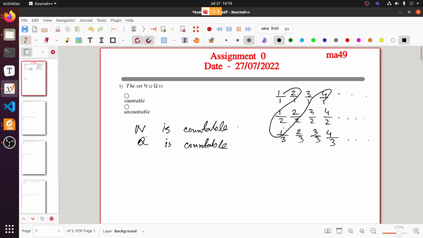Now N and Q both are countable, and you can prove that the union of two countable sets is countable. This is a property.